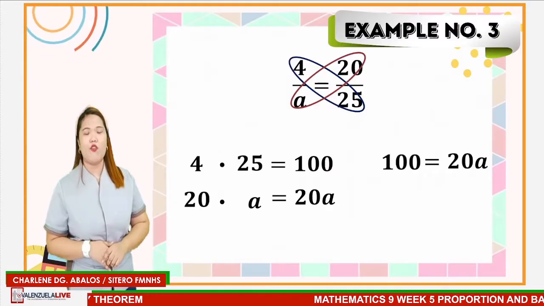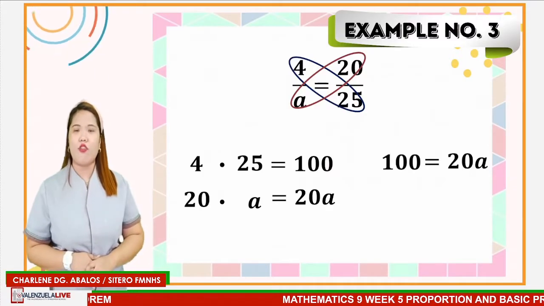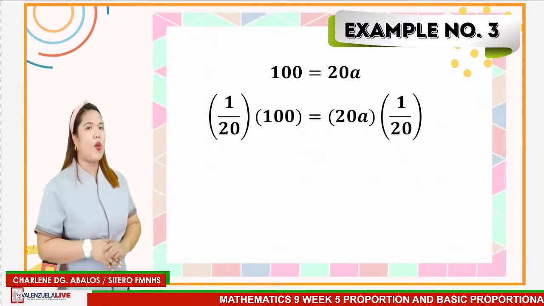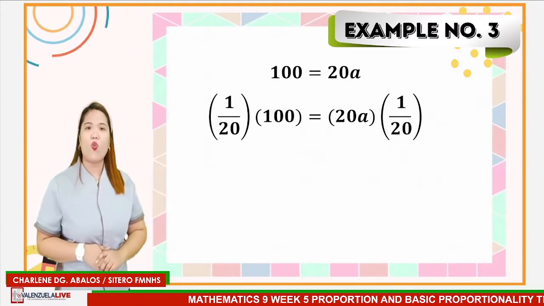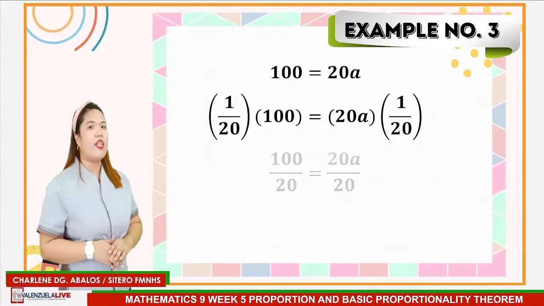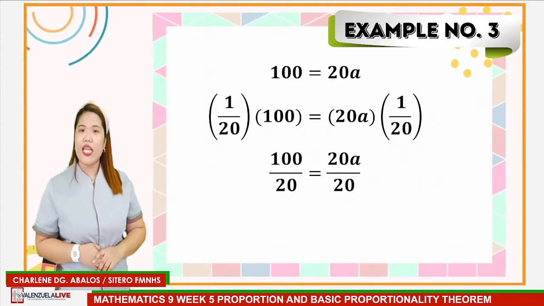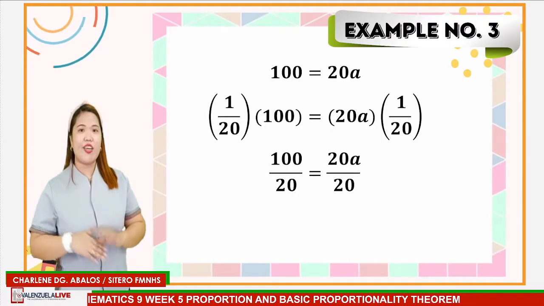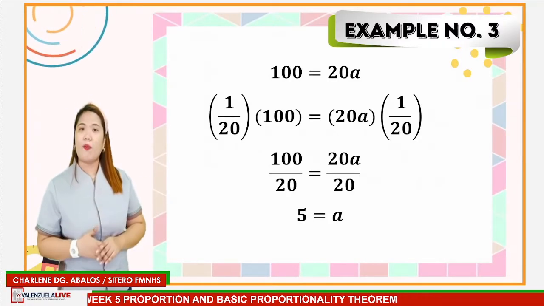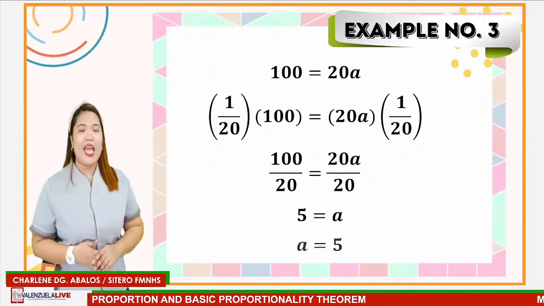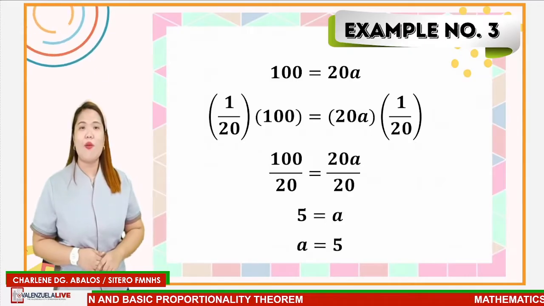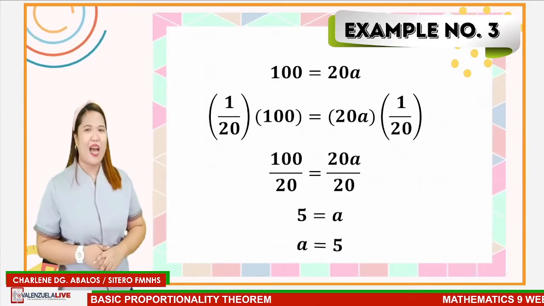Using multiplicative inverse, multiply both sides of the equation by 1/20. We will have 1/20 times 100 equals 20a times 1/20. And it will be 100/20 equals 20a/20. This gives us 5 equals a. And by symmetric property, it will be a equals 5. Hence, the missing term in the given proportion is 5.